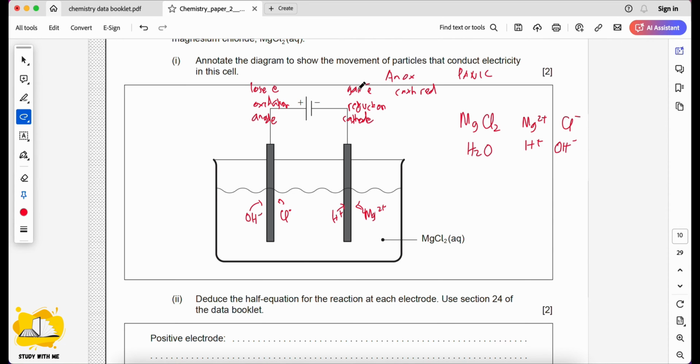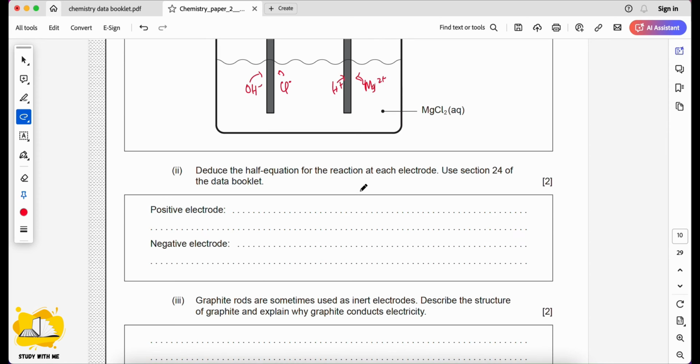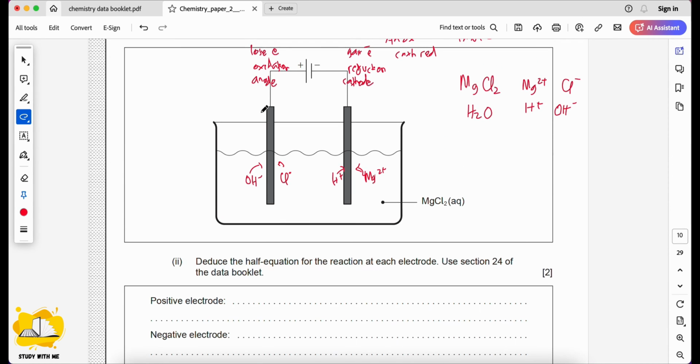Okay, so annotate the diagram to show the movement of the particles that conduct electricity. We already annotated them. And the second one, deduce the half equation for the reaction at each electrode. So at the positive electrode, as we can see here, we have OH- and Cl-.